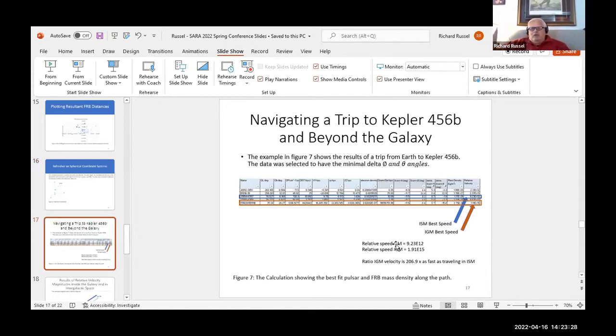I was able to come up with a certain phi and theta angle from Earth to Kepler, and what the pulsars and the FRBs along those angles are, and what their densities were along those angles too. The big picture is, what I found was that inside the galaxy, it gives me a relative velocity in the ISM, and just treat this number as a flat number.